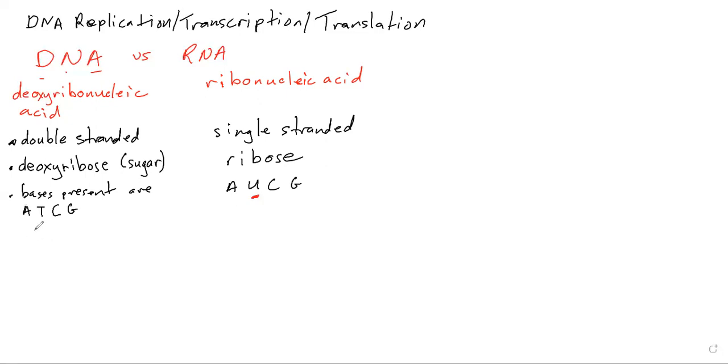So in terms of the bases, RNA has uracil and DNA has thymine. So these are the three important differences between DNA and RNA.